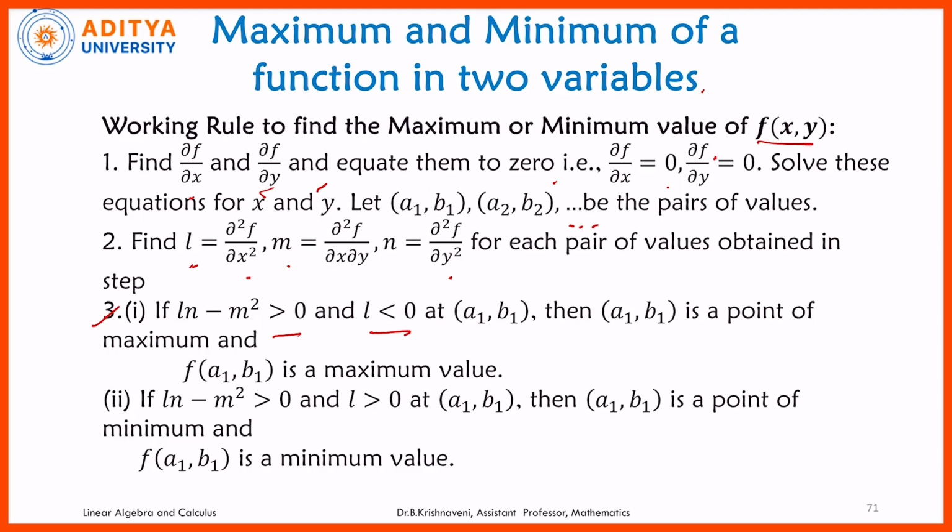Then we say that the point (a1, b1) is the point at which the function has a maximum, and f of (a1, b1) gives the maximum value. Now if LN minus M squared is greater than 0 and L is greater than 0 at the point (a1, b1), then we call (a1, b1) the point at which the function has a minimum value, and f of (a1, b1) gives the minimum value of the function.